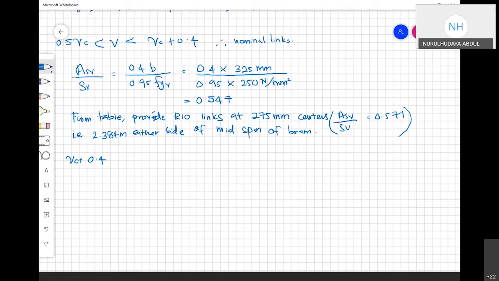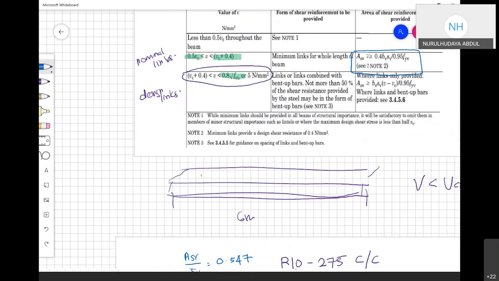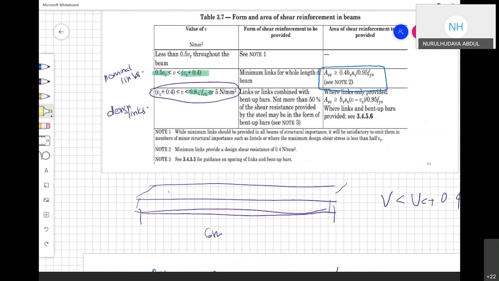So kita punya V is actually bigger than this, but it is less than 0.8 square root FCU. Okay, ini dia our situation. So ini kita akan design as design link lah. We have to look at the formula again for that.